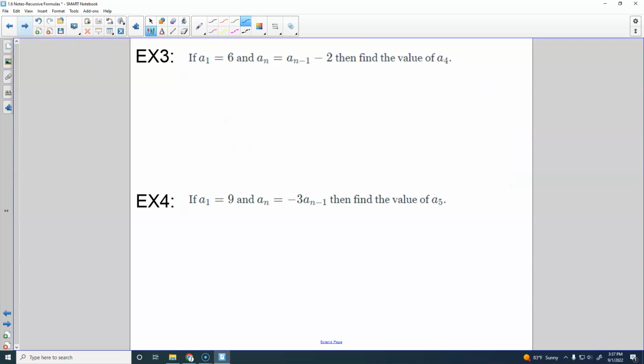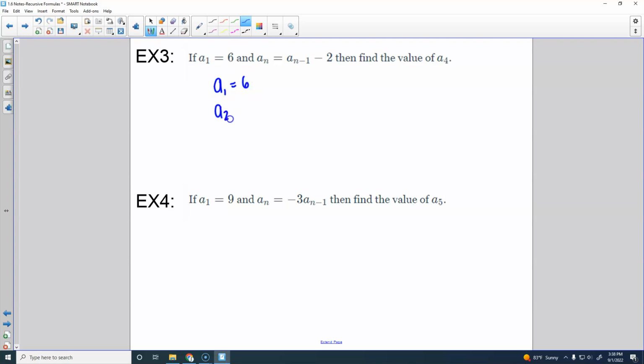All right. The next thing you're going to be asked to do is find a certain value. So they're telling us here that a sub 1 equals 6. They're giving us the formula a sub n equals a sub n minus 1 minus 2. And then we have to find the value of a sub 4. So they gave us a sub 1, it equals 6.